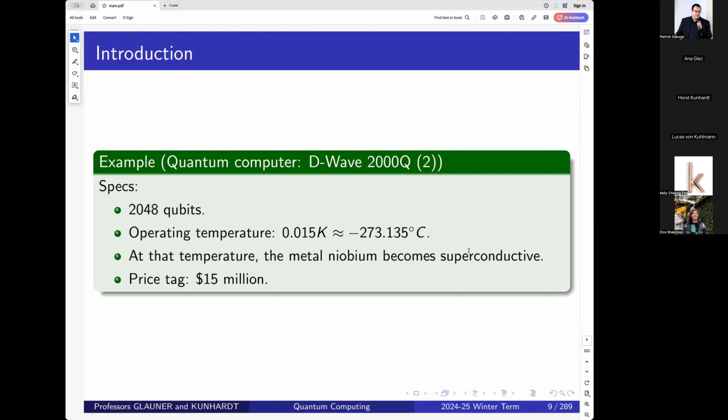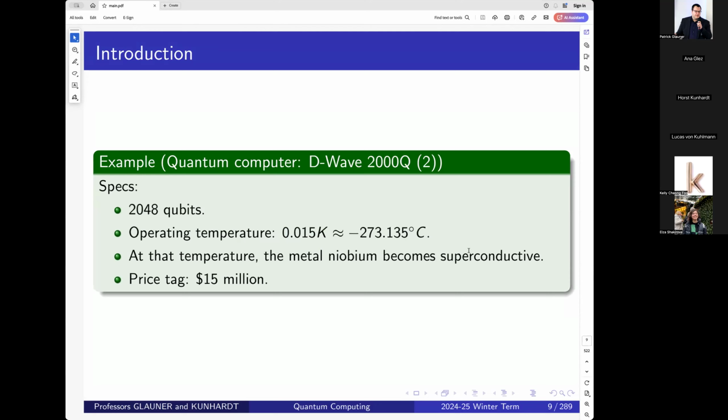In your traditional computers, you have bits, and a bit is either 0 or 1. And in quantum computing, we deal with qubits. And a qubit can be 0 and 1 in parallel. That gives us parallelism because it's with a certain proportion in 0 and with a certain proportion in 1.